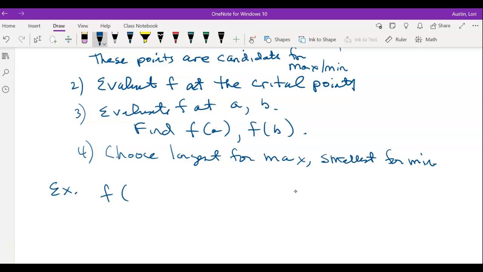Some common things. All right, so let's do f of x equals x to the 4th. Now we're talking closed interval, so I have to give you the interval. All right, we got to figure out what the critical points are.